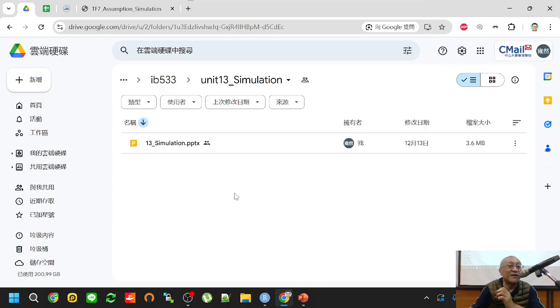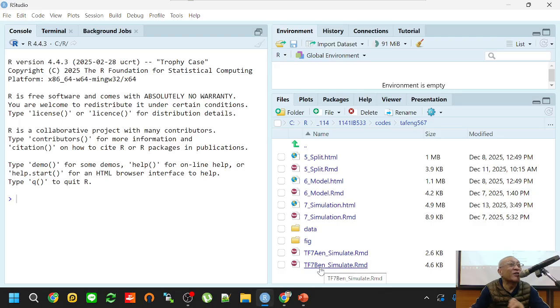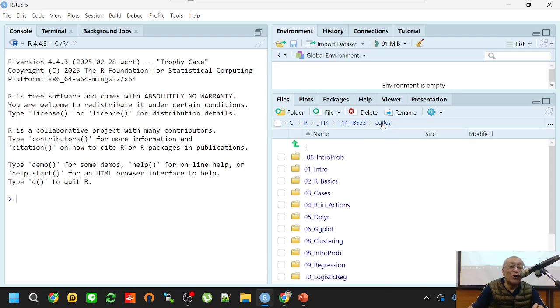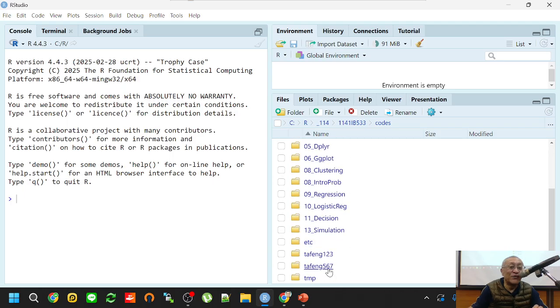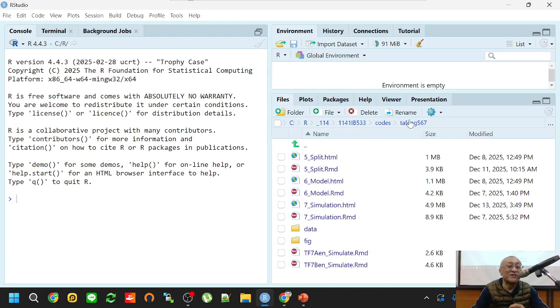That is because the code and data have already been given last week. If you go to your code folder on your computer, there should be a folder called Tafang 567, right? So the code and the data we are using is already in the Tafang 567. So today we do not have code.